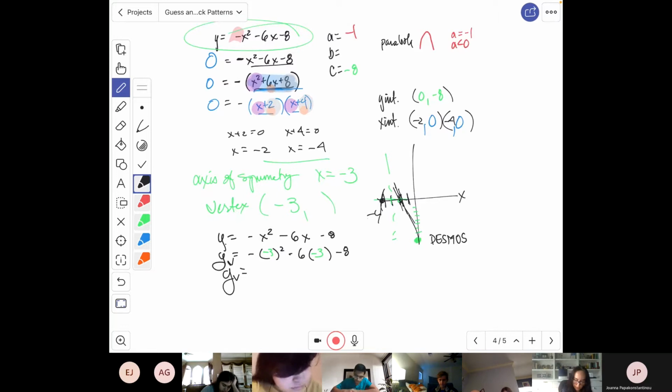Is anybody having trouble evaluating the y value of the vertex? Is anybody having difficulty getting this? Speak now and I'll work through it. Anybody?